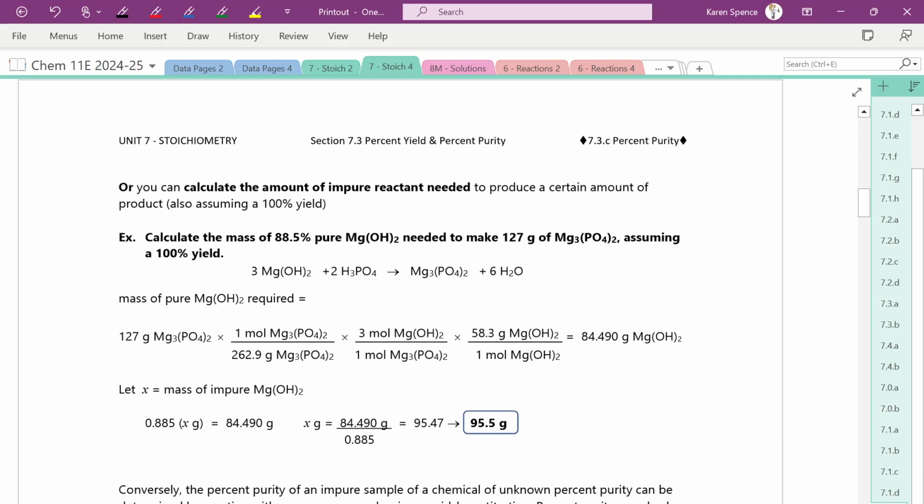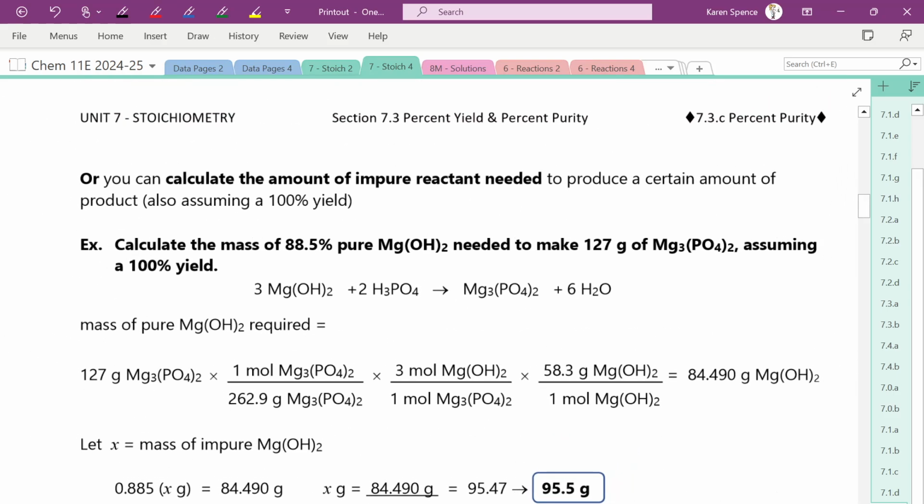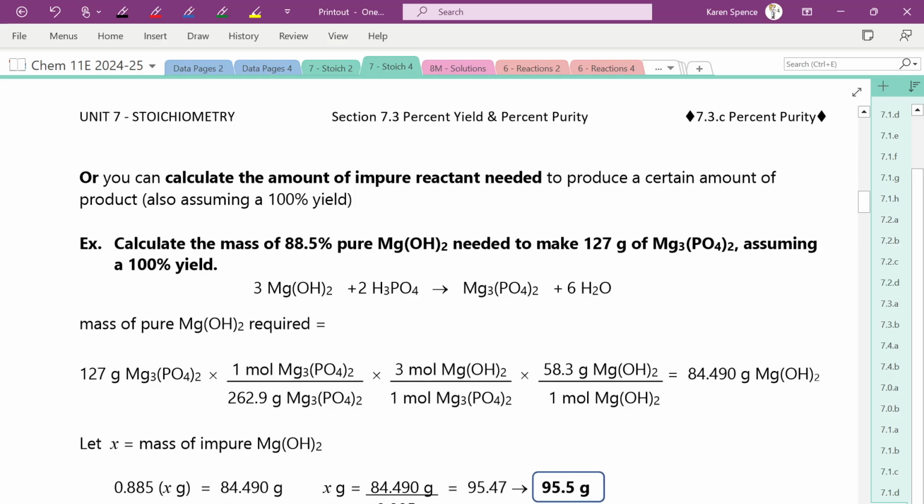All right, good. So it's just really reading the question and determining what it's talking about. Does that make sense? So it's kind of like just figuring out what the question is asking. So here's another type of question you might have. You might calculate the amount of an impure reactant needed.